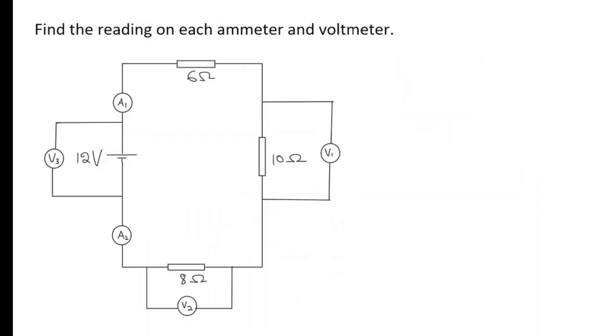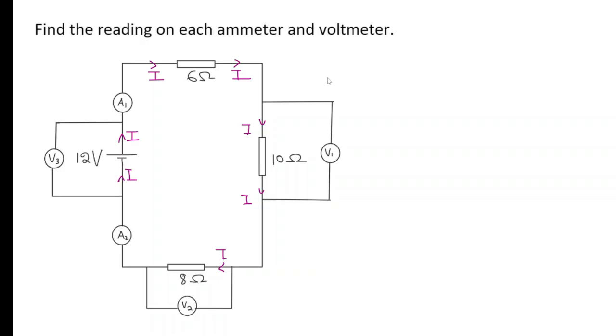Right, here's one last question along the same lines. This one is slightly different because I've included another voltmeter. Let's give it a try, and then I'll do the question after this. Right, now the first step is we need to mark the current. The current going out from here is capital I. Current here is I, goes through this, here, through that, and back to the starting point.